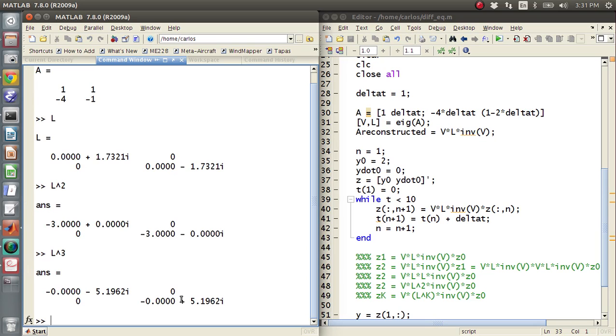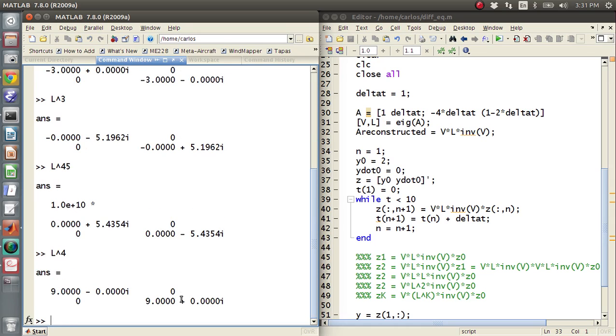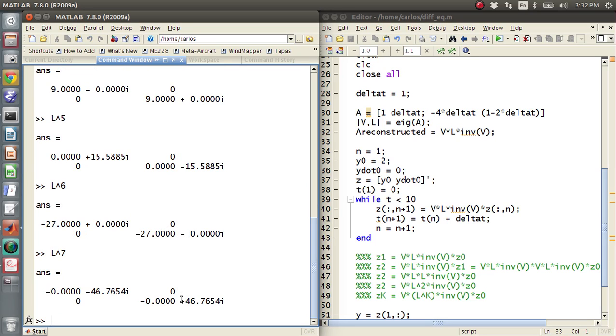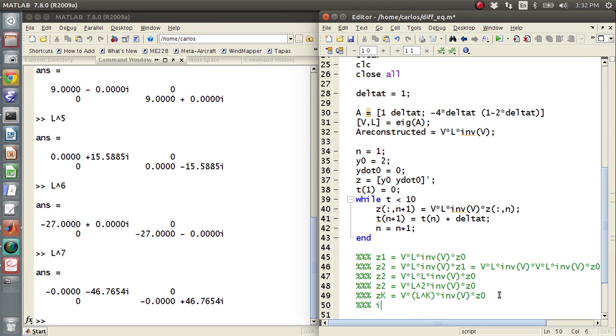And then if I do L cubed, I get -5. And then 4, and then 5, and then 6, and then 7. What you notice is that the value keeps getting bigger and bigger, which means that if the norm of my eigenvalues is greater than 1, L to the k goes to infinity.